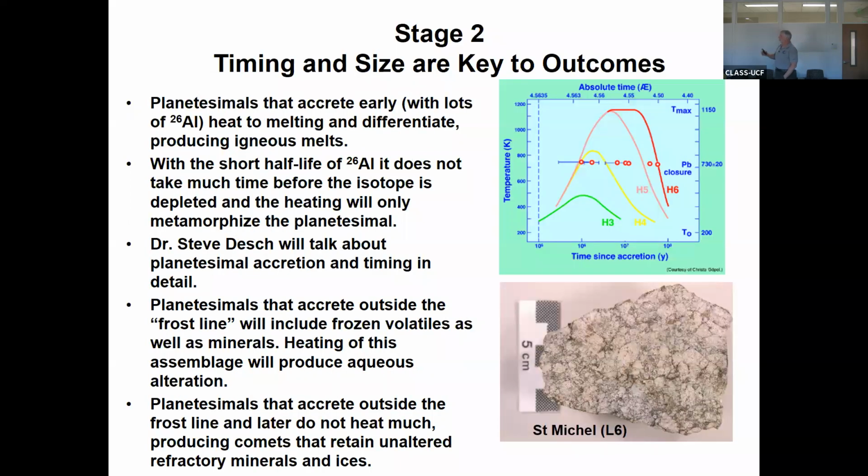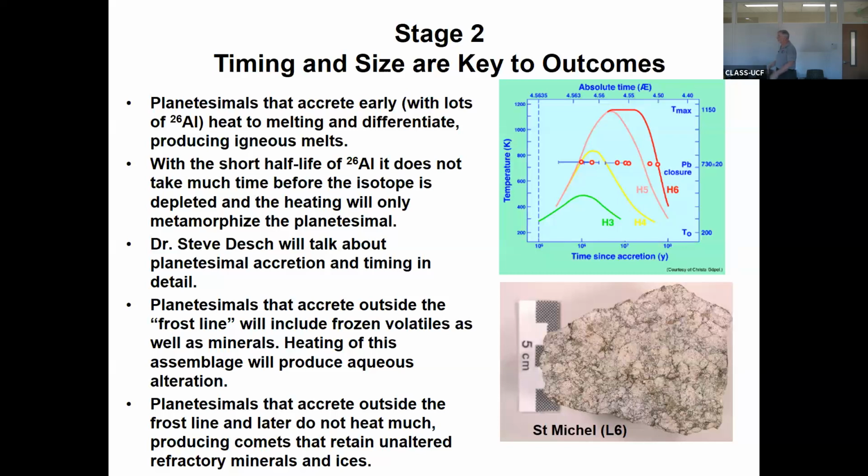And so timing and size is key to the outcome in these heating, metamorphic, and igneous events. Planetesimals that accrete early, that is, they accrete with lots of aluminum-26, heat to melting and differentiate, and they produce igneous melts. But it's not going to take long before the isotope is depleted and the heating is only sufficient to metamorphose.